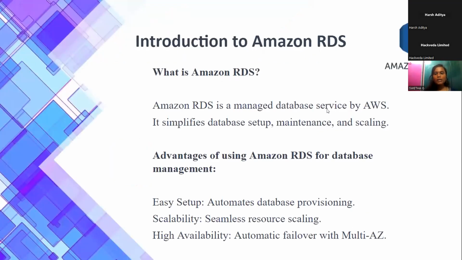Introduction to Amazon RDS. What is Amazon RDS? Basically, Amazon RDS is a managed database service by Amazon Web Services, and it works with database engines like MySQL, Oracle, and MariaDB, etc. These are the databases we use to store our data, and we can also modify our data in the database system.